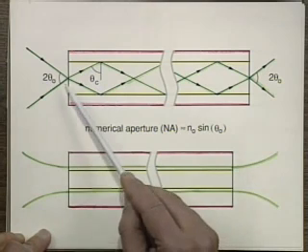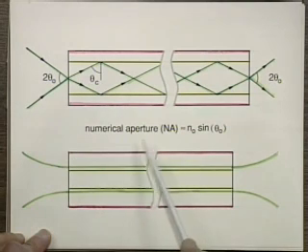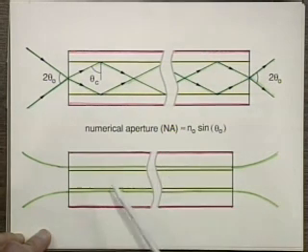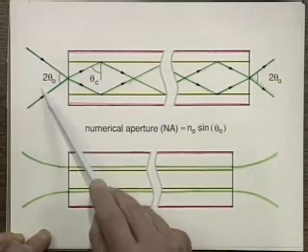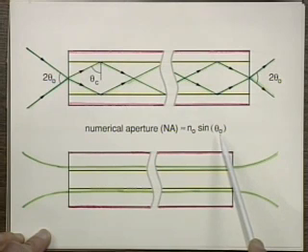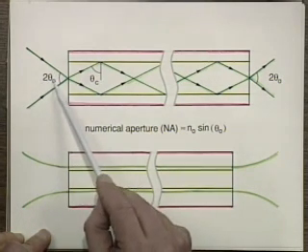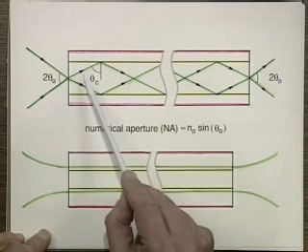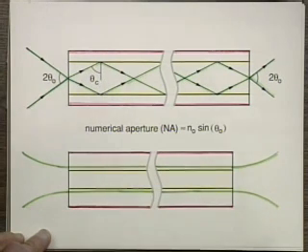Now, for the light that is within this cone, by the way, this cone is referred to as the numerical aperture, NA, for the fiber, and NA is basically n0, the refractive index of air or vacuum outside, times sine theta 0. And theta 0 is half this angle here, which is determined by the index difference and so on, to get us to the angle here to be bigger than the critical angle.